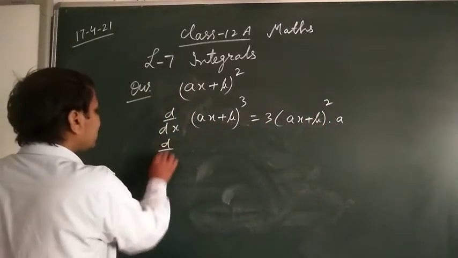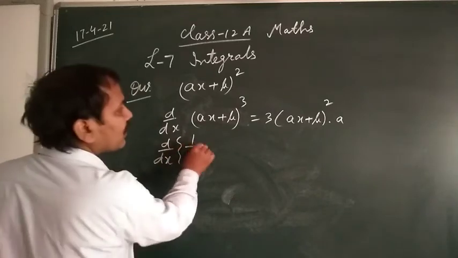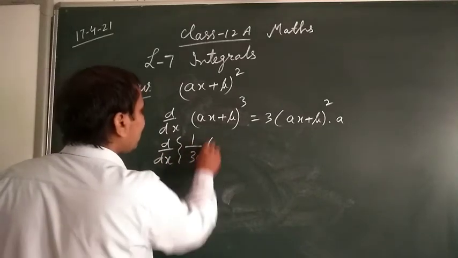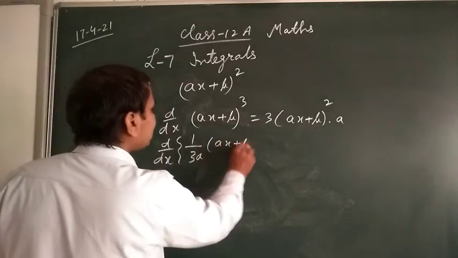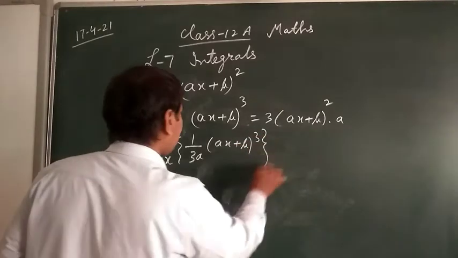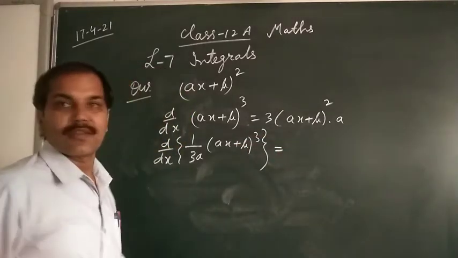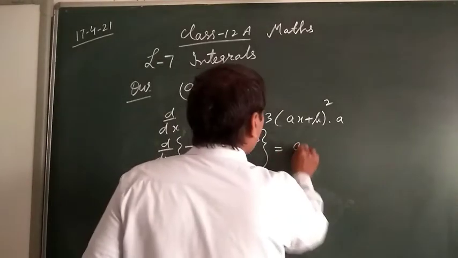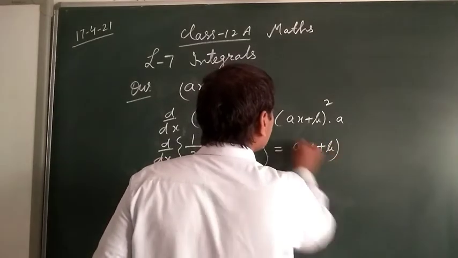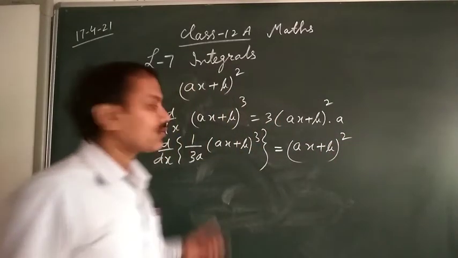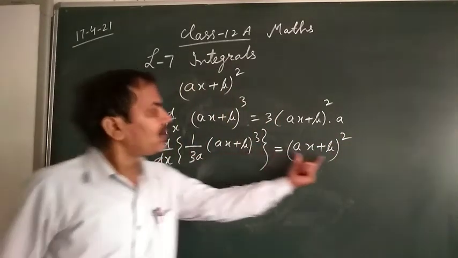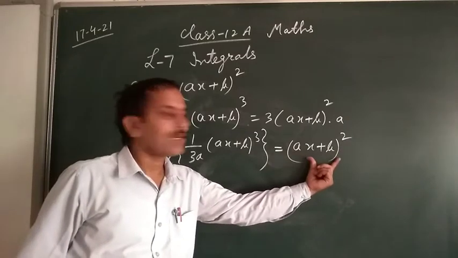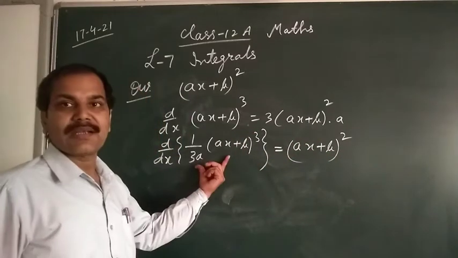So d by dx of 1 by 3a into ax plus b whole cube is equal to ax plus b whole square. So the differentiation of this is that, and the integration of that will be this.